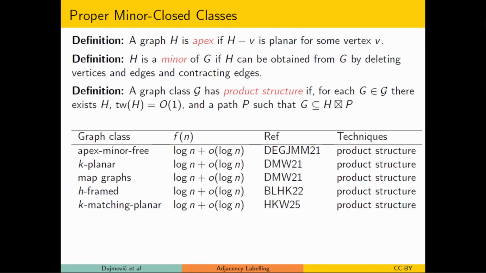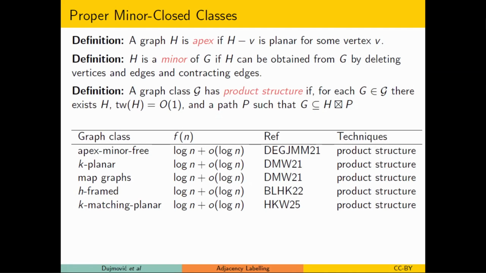In fact, what they proved in that paper is that every graph which has this so-called product structure has an efficient adjacency labeling, log n plus little o of log n bits. And a previous paper showed that apex minor free graphs, those which exclude some apex graph as a minor, have product structure. So that comes from the combination of those two things.